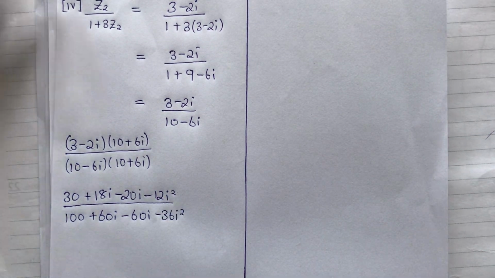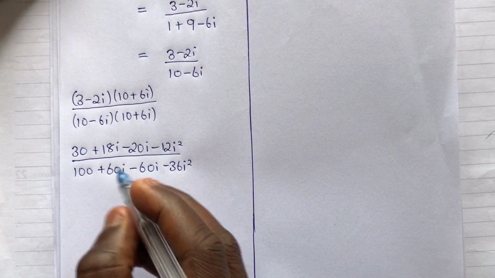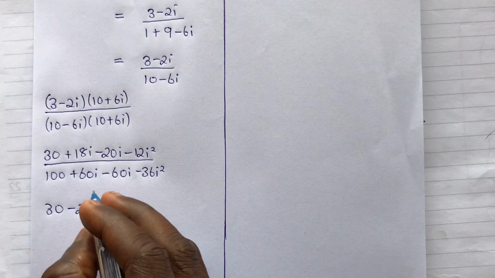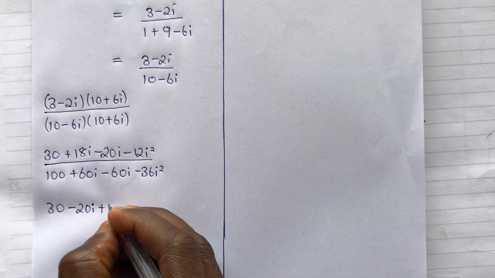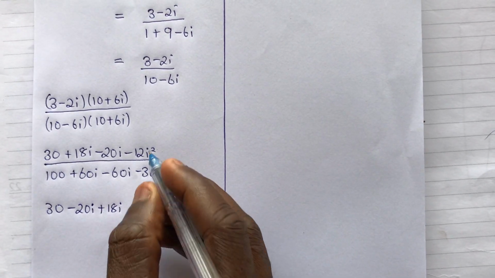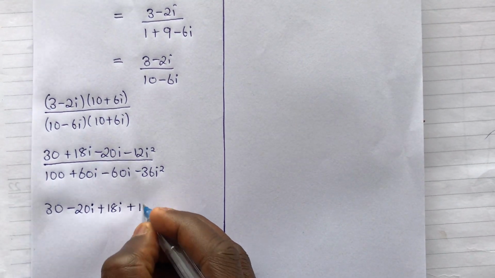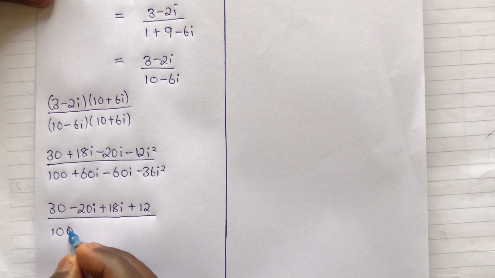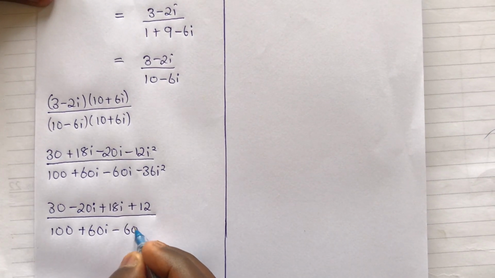We can substitute that. So we have 30 minus 2i minus 20i. Okay, so plus 18i. Then when we substitute negative 1 here, we have plus 12. We divide this by 100 plus 60i minus 60i.